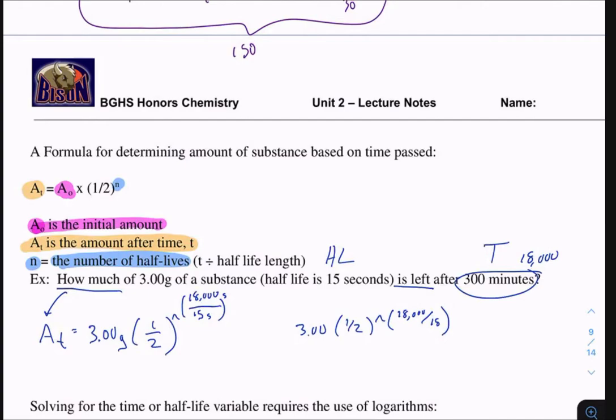Okay, you know what? Let's rewind this back a second. I think I had a typo in here. I think what I meant to type was seconds, not minutes. So let's just change this so that it's a workable problem, because that kind of didn't make sense.